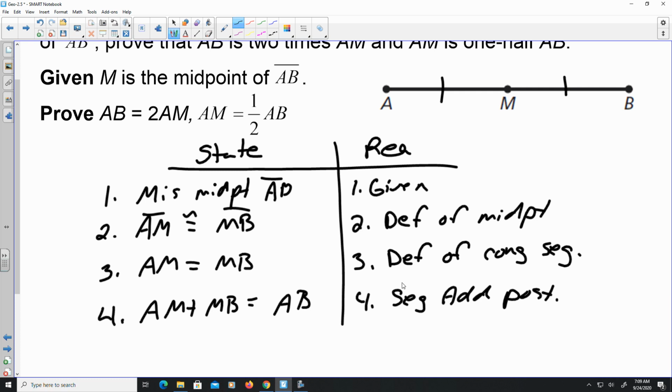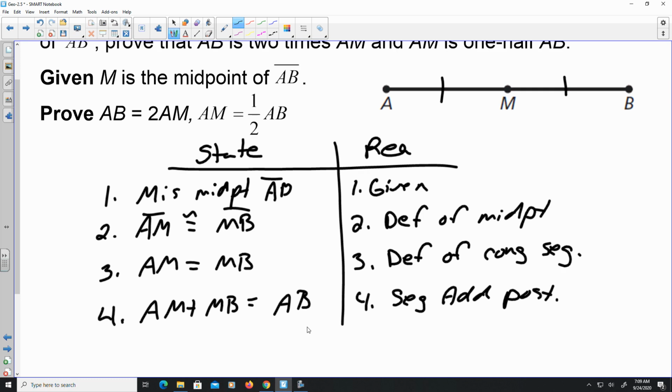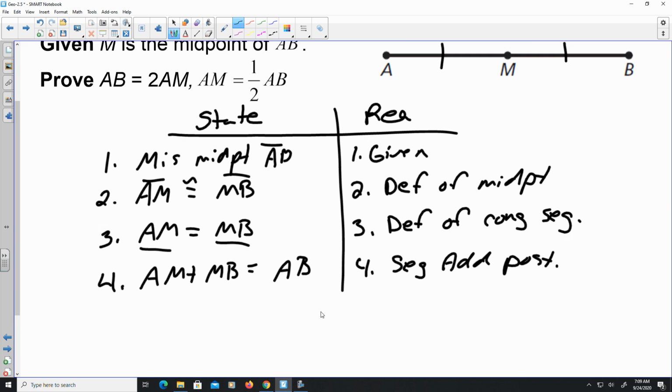All right, so how is this going to help us? Well, we know that AM and MB are equal to each other, so I'm going to choose one of the two. Since we're dealing with AM here, I'm going to put both of them as AM.